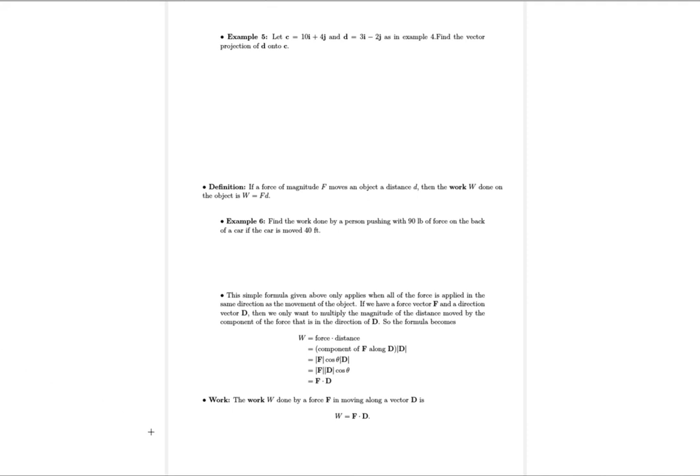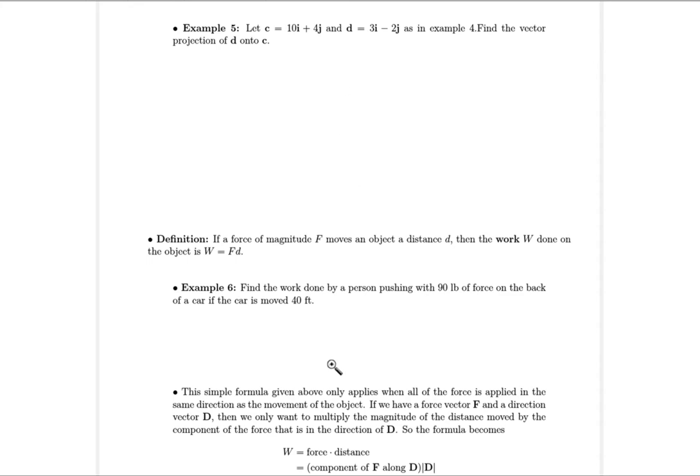All right, so let's do an example of this one to make sure we feel comfortable with it. So it says we have the same one, C and D. Find the vector projection of C onto D. All right, so remember, I guess what I could do is start with that and multiply by C over its magnitude.